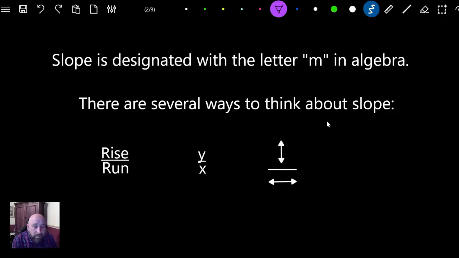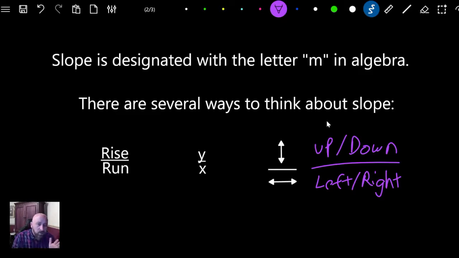So another way to think about it is up and down. So, let's call this up, down. Okay. And we'll call this one left, right. So what's going on with slope is the up and down is the numerator of the fraction. Okay, and the left and right is the denominator of the fraction.